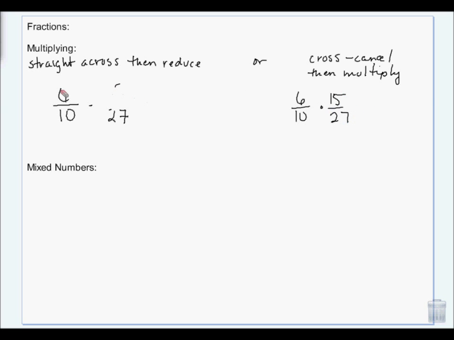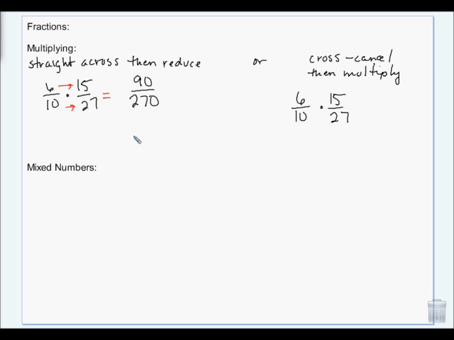Let me make this a little smaller. Okay, so your first option is you can multiply straight across. 6 times 15 is 90. And 10 times 27 is 270. Okay.